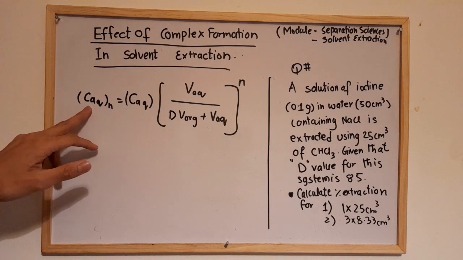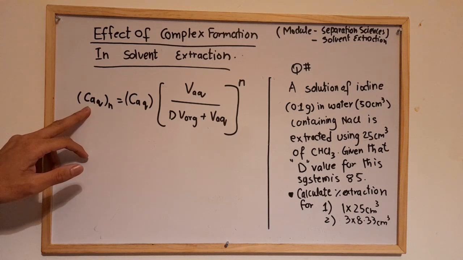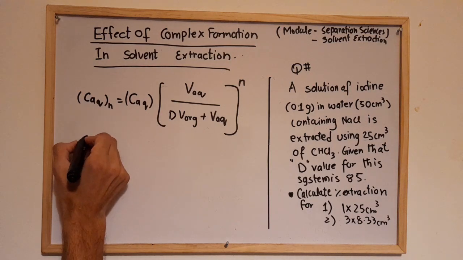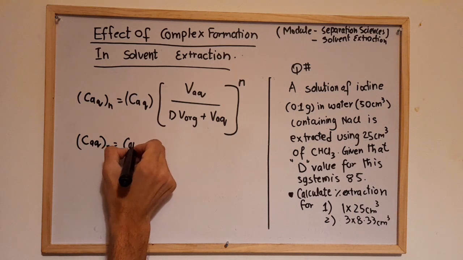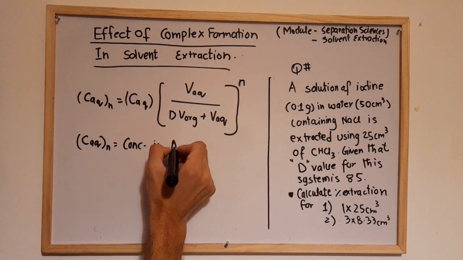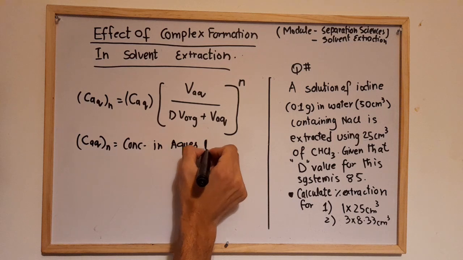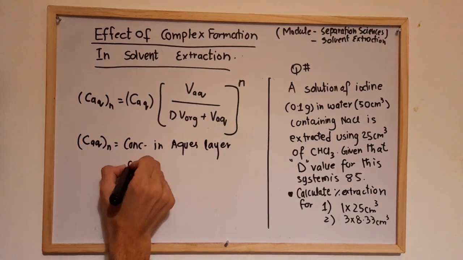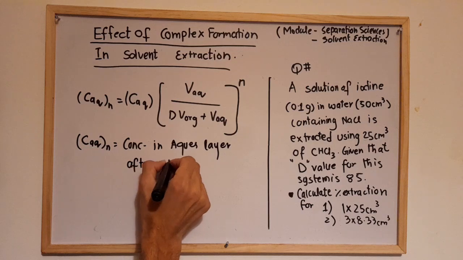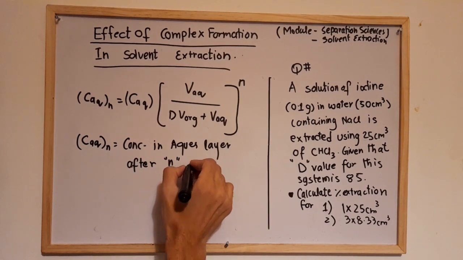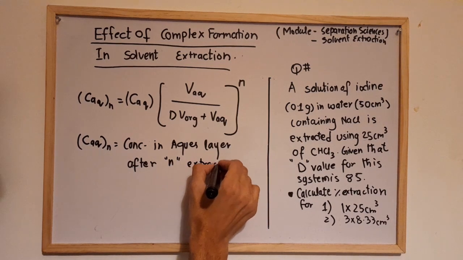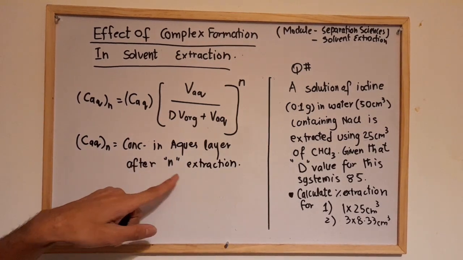So coming towards this one, this is basically the concentration in aqueous layer after n extractions. So we will enlist C_AQ, the concentration in aqueous layer after n extractions.